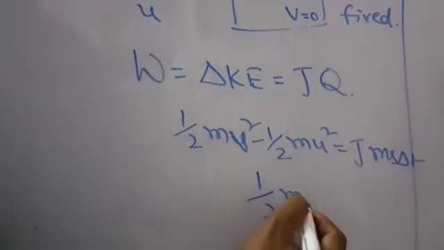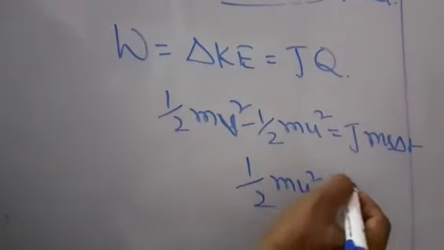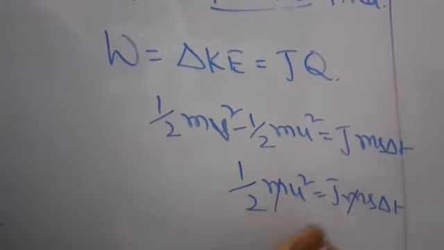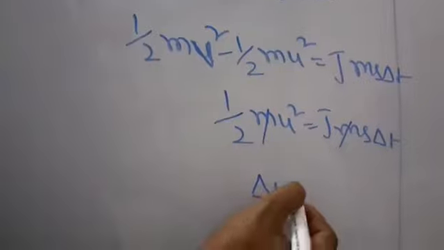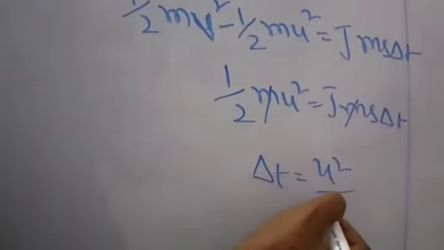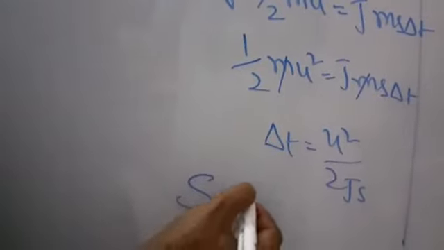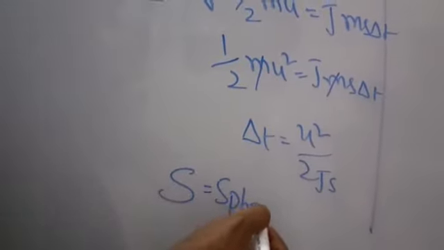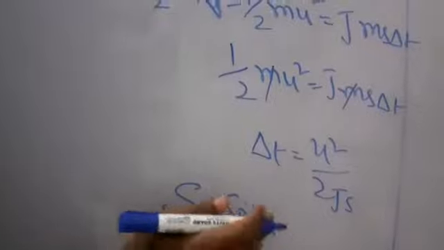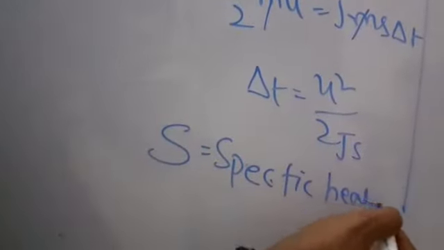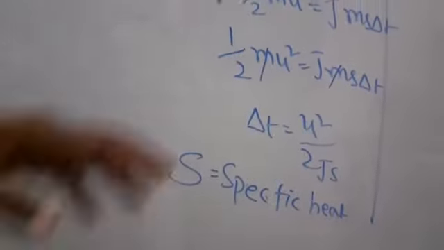Therefore, half m u square is equal to J m s delta T. Therefore, m gets cancelled. Delta T is equal to u square divided by 2 J s. s is nothing but the specific heat of the solid.